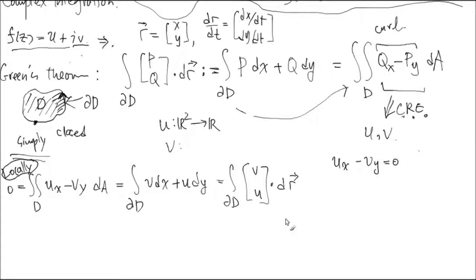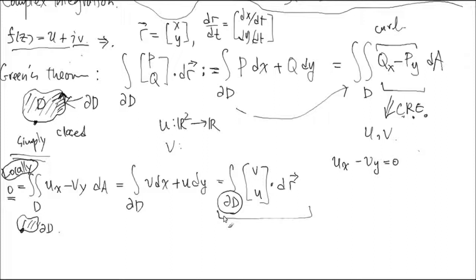Locally, it doesn't matter which loop you choose. Any crazy loop you choose, even if it is self-crossing, you can divide it into pieces, and then you can conclude that this is always a 0. So what is this property called? A 0 for arbitrary boundary D. What property is that?